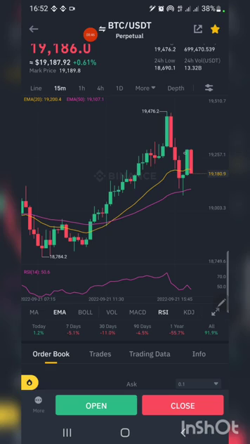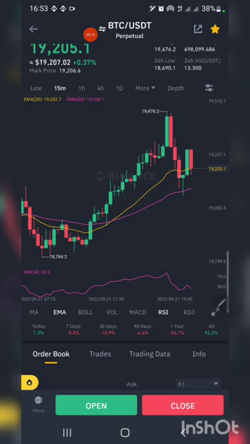So in other words, what I'm trying to communicate here is that whenever we're entering a trade, it is important that we consider the support level for those who are longing or trading spot. Spot traders are only considering resistance level.